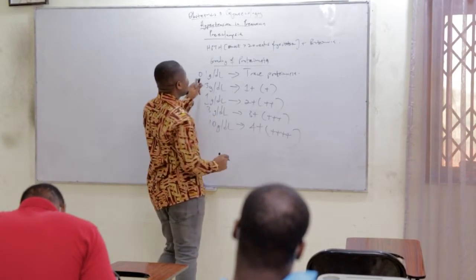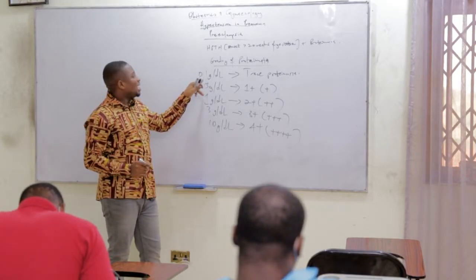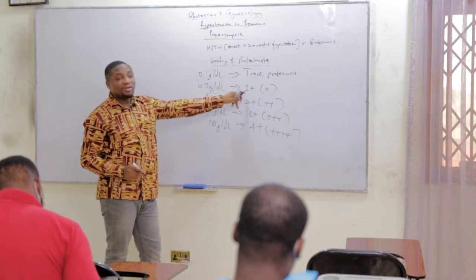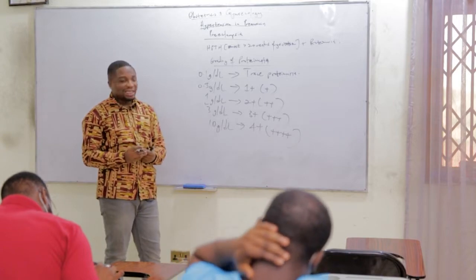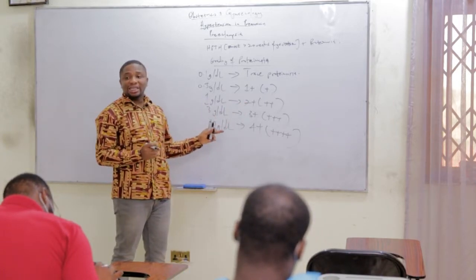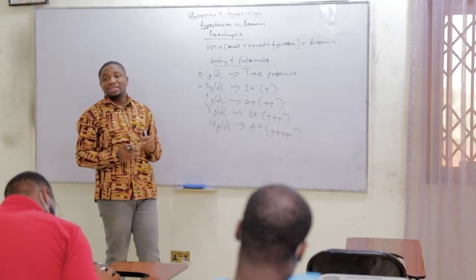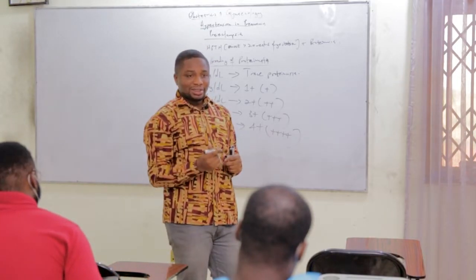What this means is that from 0 to 0.1 gram per deciliter, above 0.1 up to 0.3 gram per deciliter, that will give 1 plus. Above 0.3 to 1 gram per deciliter, that will give you 2 pluses. Above 1 to 3 gram per deciliter, 3 pluses. Above 3 to 10 gram per deciliter, 4 pluses. So you are looking at the upper borders.